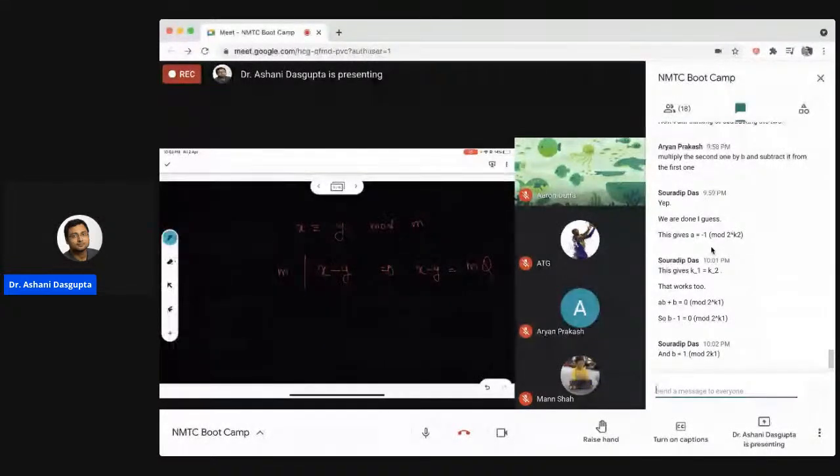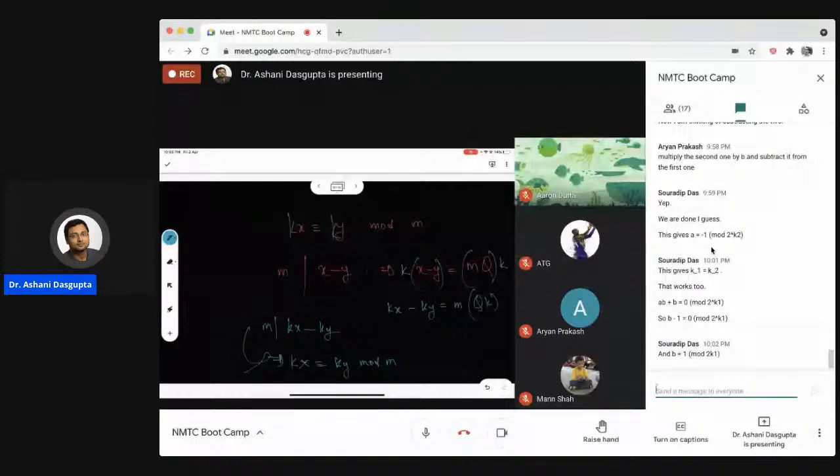Now you can multiply a constant k to both sides of this equation. So kx minus ky equals m times q times k. This means m divides kx minus ky, which basically means kx is congruent to ky modulo m. This is the definition. So in other words, we can simply multiply k to both sides, right?